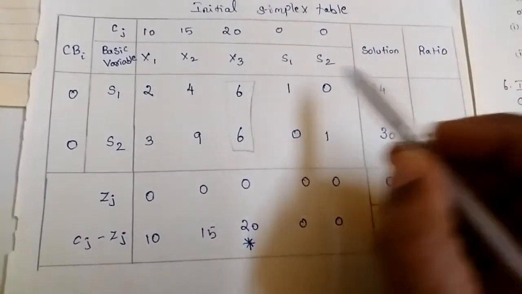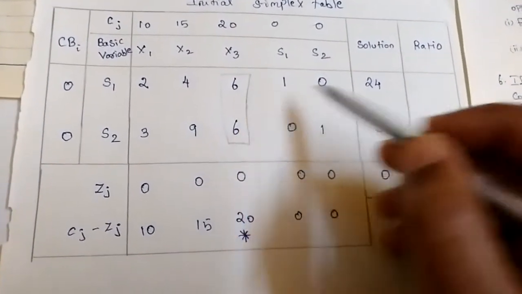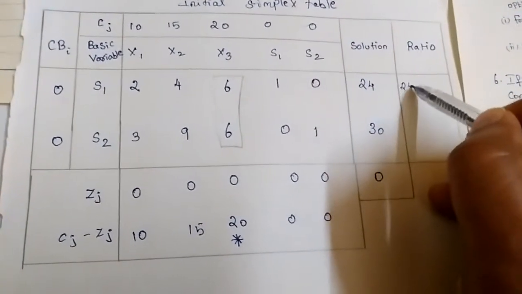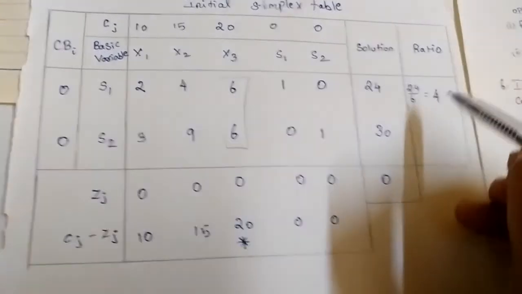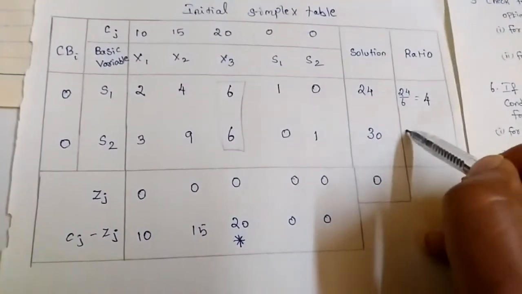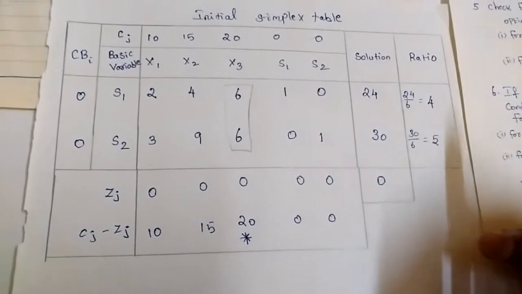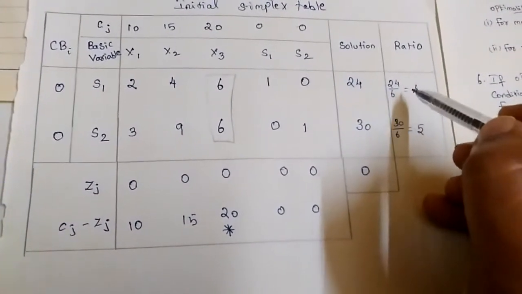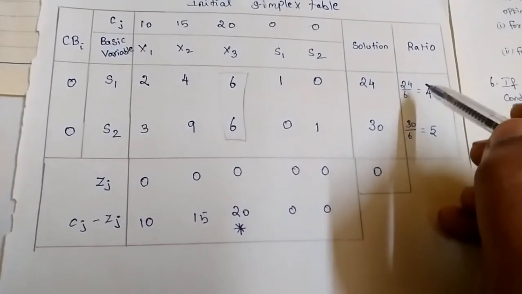Now find the ratio. In 24, what is the key column value? 6. 24 by 6 is equal to 4. Here 30 and 6: 30 by 6 is equal to 5.